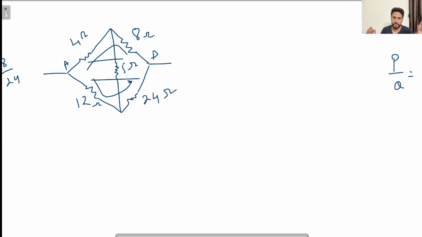You need not deal with it. If it was not balanced, then you have to include it in the calculation, because current will flow through it. If the Wheatstone bridge is balanced, the current will not flow through it. If the Wheatstone bridge is not balanced, the current will flow through it.